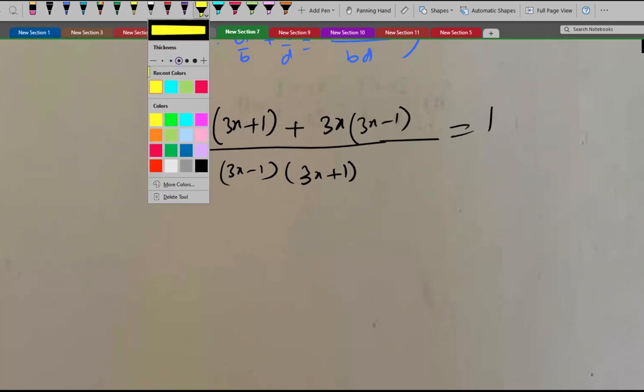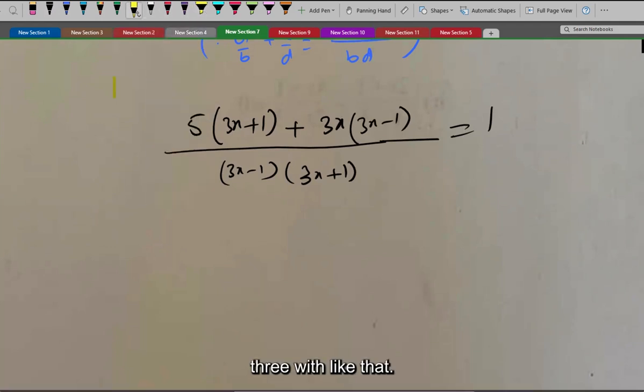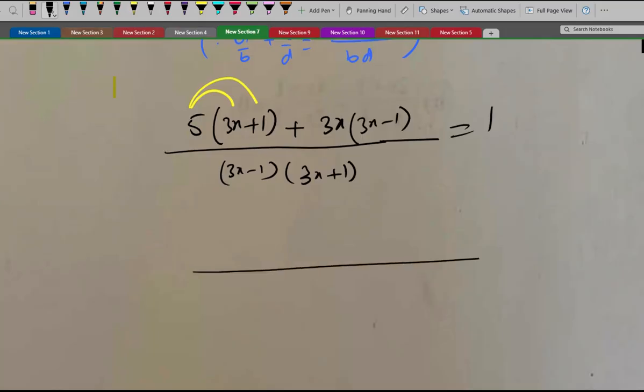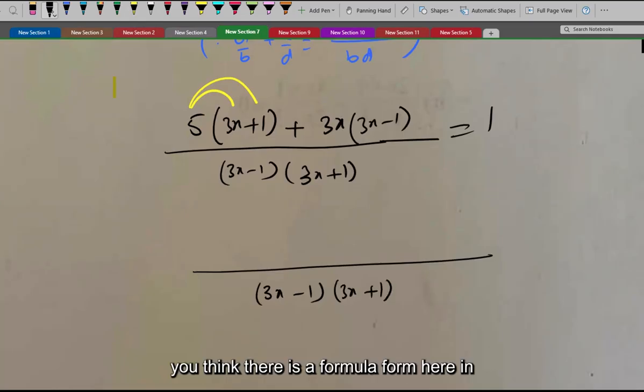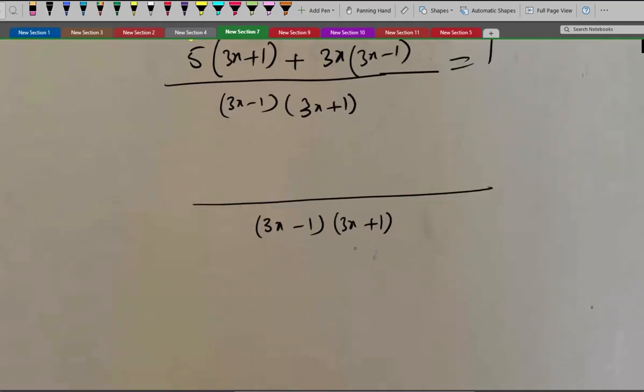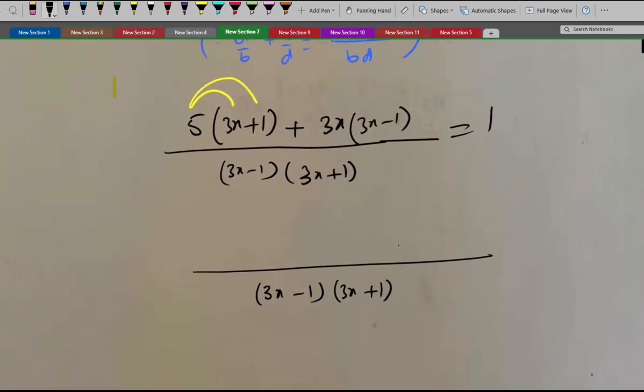So now we can apply the distributive property here, right? Yeah. So 3x minus 1 and 3x plus 1. By the way, do you think there is a formula form here in the denominator? Um, like we can FOIL it.